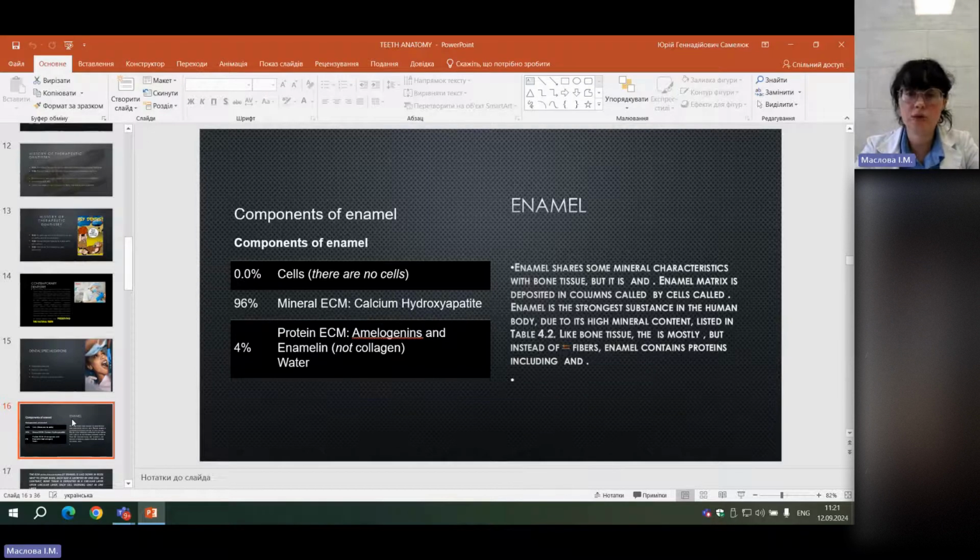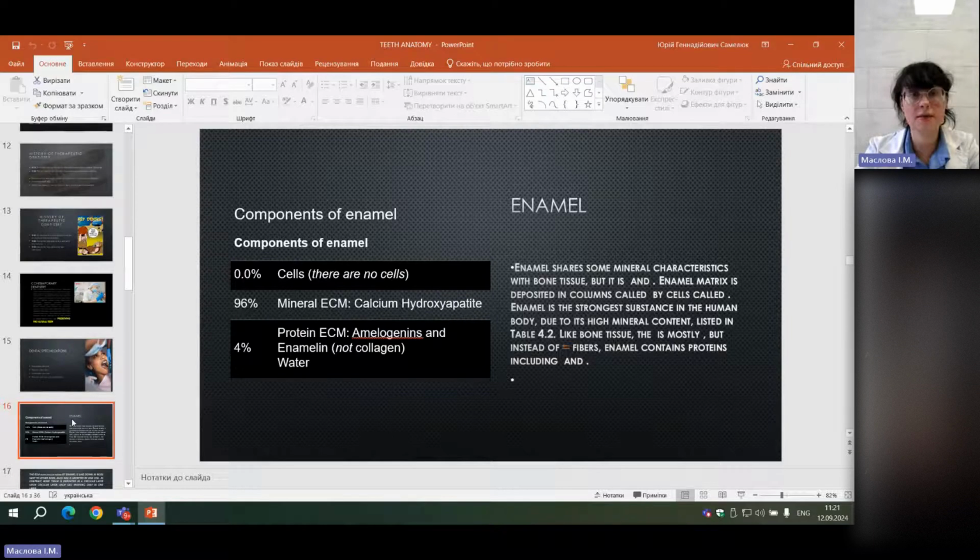Like bone tissue, it is mostly mineral, but instead of fibers, enamel contains proteins, including amelogenins and enamelins. It's not collagen, because these are proteins which have another 3D structure.